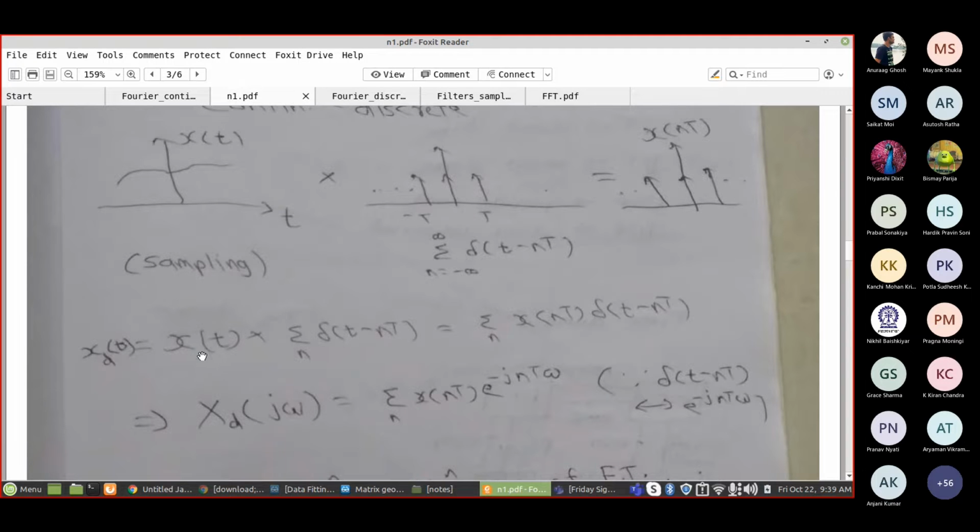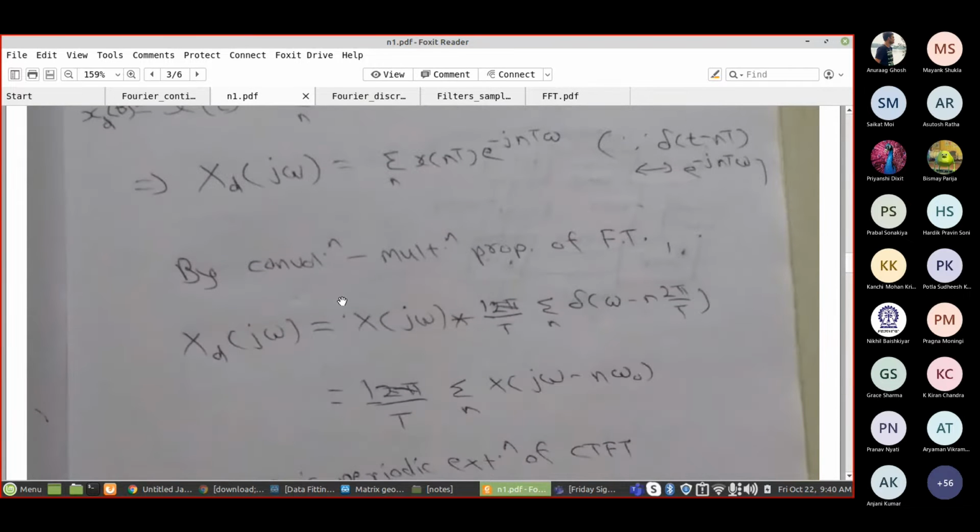By the multiplication convolution property, here we are doing multiplication in the time domain, and we know that the Fourier transform turns multiplication into convolution with a 1 over 2 pi factor. So x d of j omega is going to be 1 over 2 pi and the convolution of this with the Fourier transform of this, right?